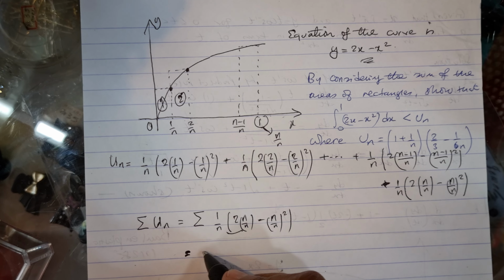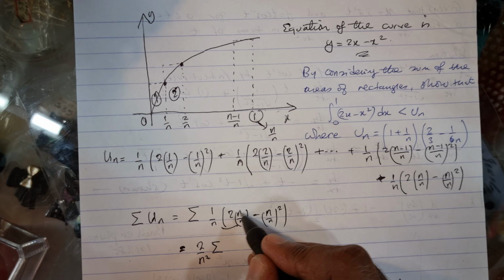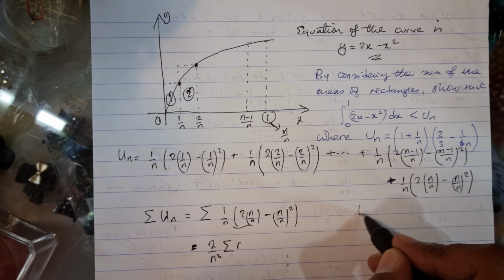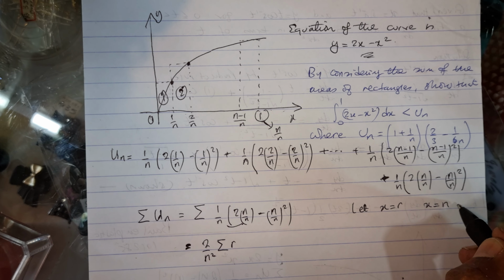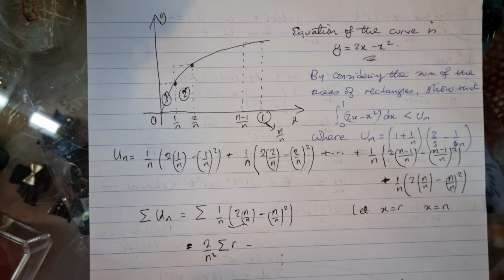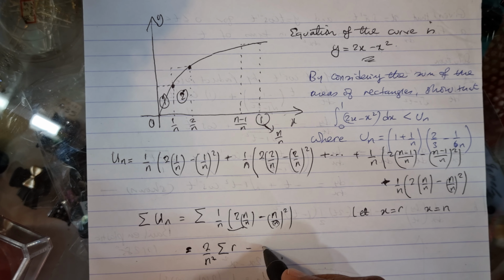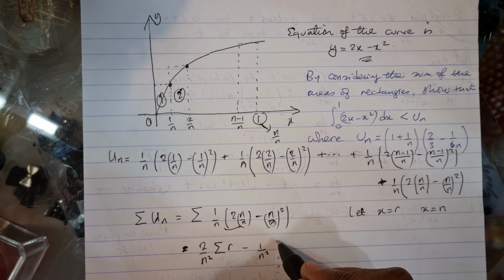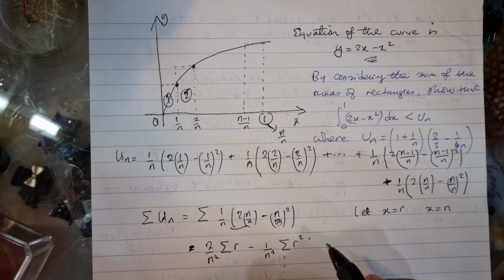The 2 can come out, so I've got 2 over n squared, sum of r, because we can let x be equal to r over n. Then I've got n squared over here and n over here, so that's 1 over n cubed, and then the sum of r squared.